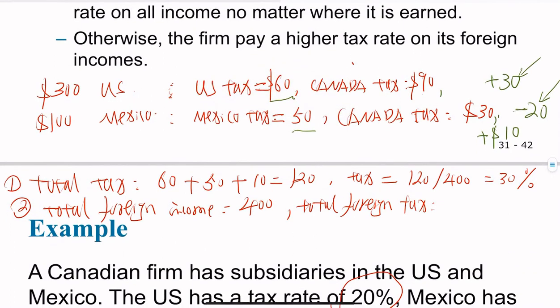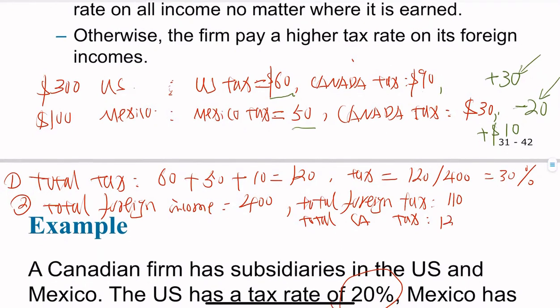So total foreign tax would be $60 million in the US and $50 million in Mexico, so it's 110. Now, what is the total Canadian tax? The total foreign income from two countries is 400, and Canada's tax rate is 30%, so it's 120.